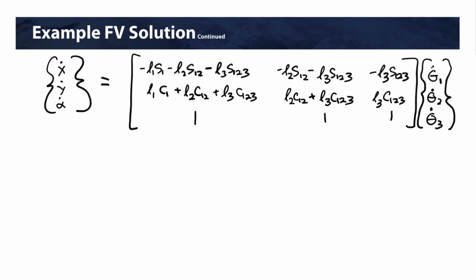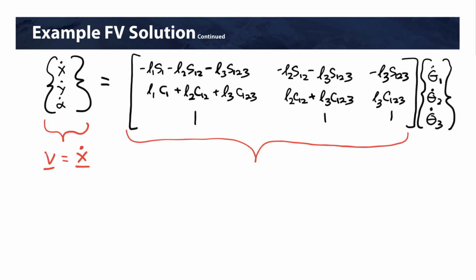This term on the left here is simply going to be the velocity of our end effector, which is x dot, our vector x in this case. This matrix here, we're going to call the Jacobian. Each column of the Jacobian is one joint of the robot.